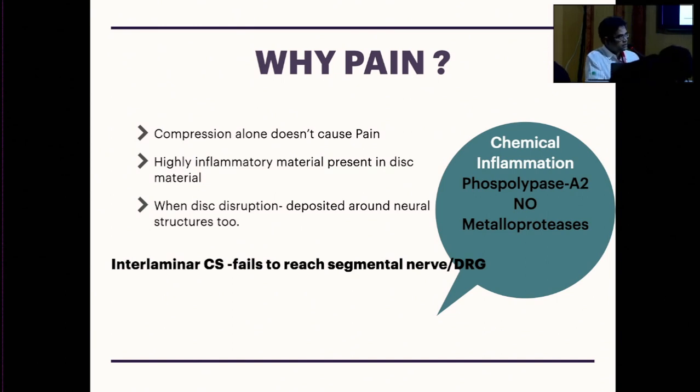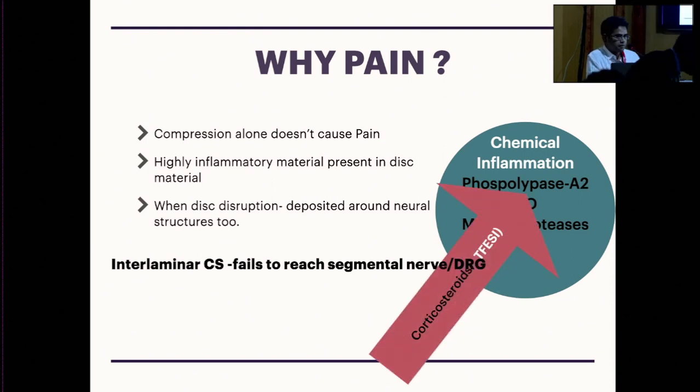So if the drug is deposited in the posterior part, it may not reach the target area. If a nerve is getting irritated, it's ideal to deposit the drug close to the nerve. That's why the transforaminal corticosteroid injection is done, so that the drug is very close to the involved nerve root.